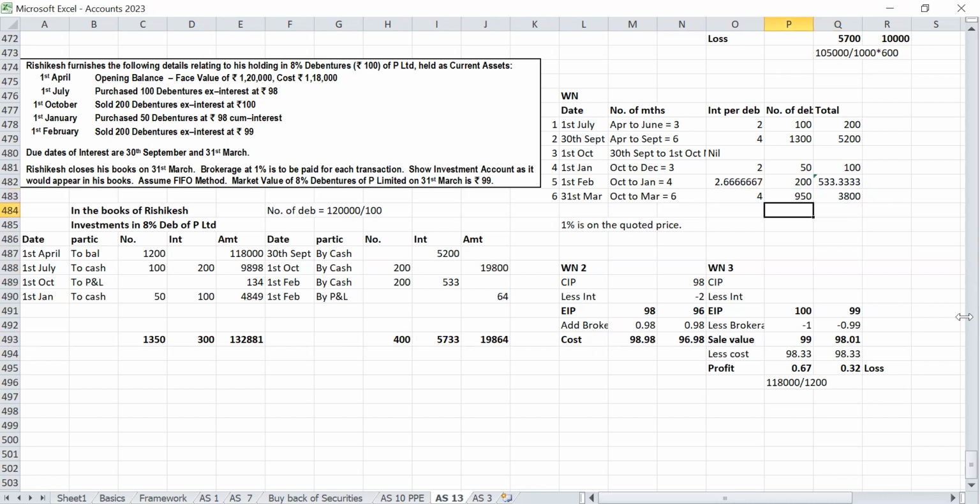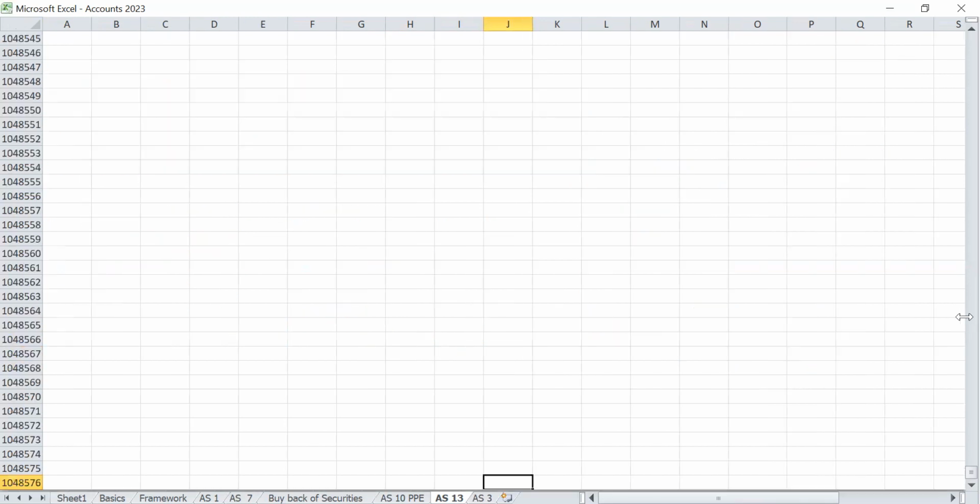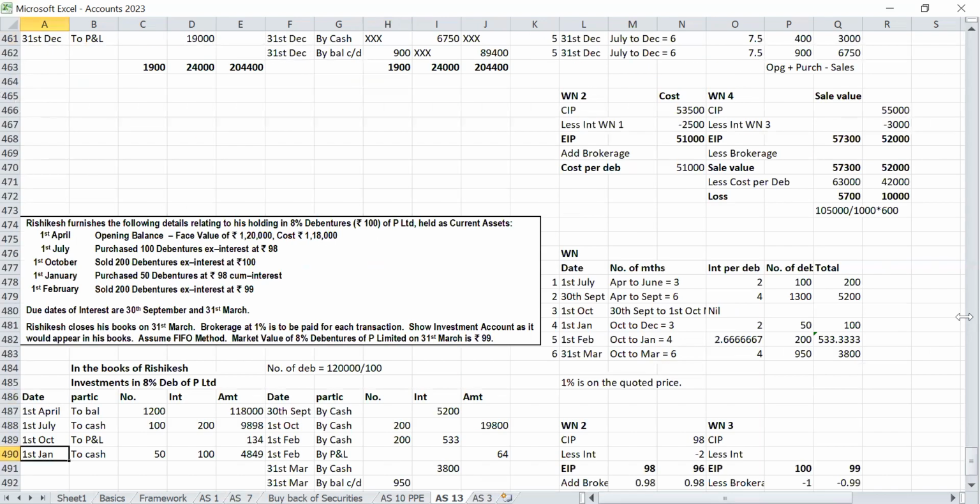So total interest received 3,800. 31st March by cash, we are receiving interest 3,800. Then 31st March by balance carry down, 950 debentures. Cost is this much. So working note 1 lakh number.